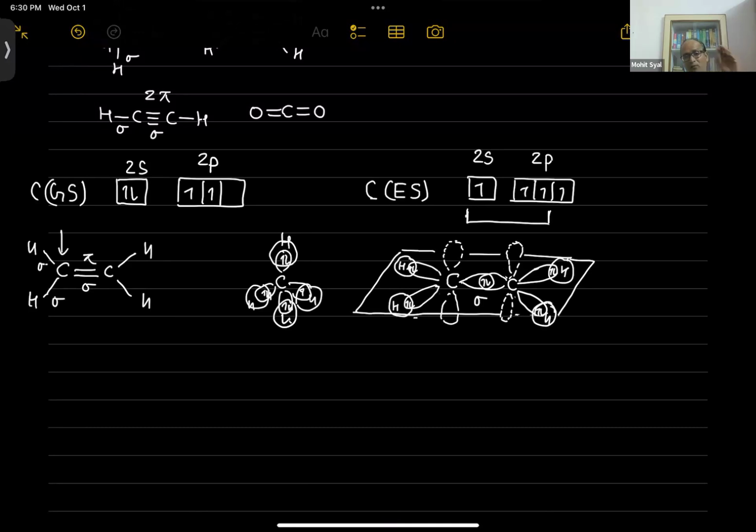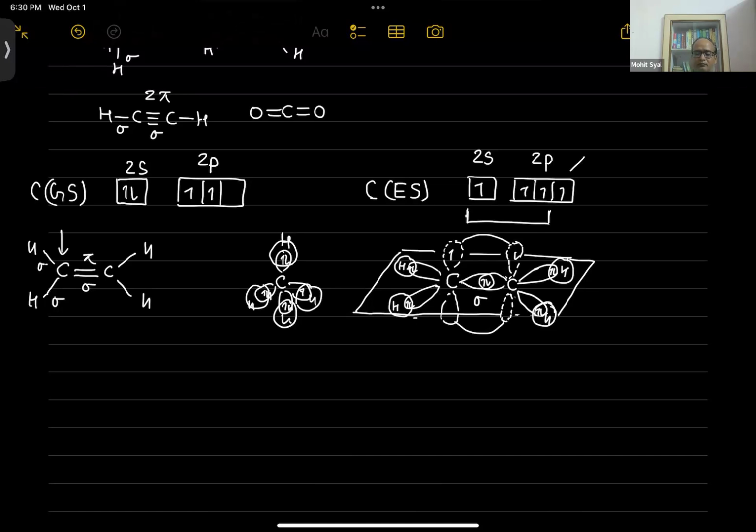We have made three bonds, but one bond is yet to be made. There are two p orbitals containing unpaired electrons, yet to be bonded. They are parallel to each other, perpendicular to the plane, so they bond in a sideways manner to form the pi bond.